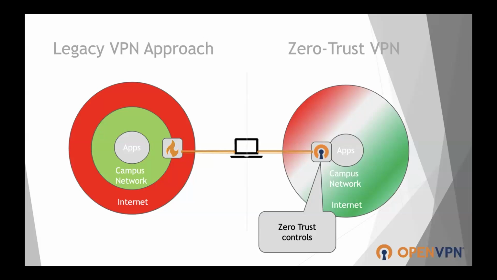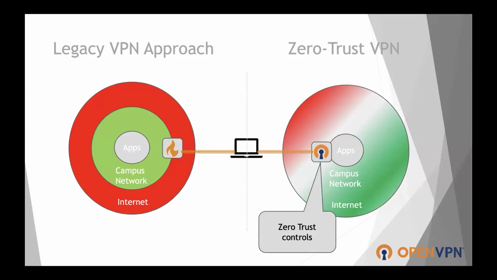Here, the castle is the campus network or the enterprise network. It's shown in green. The apps are there. The devices connected to the campus networks are deemed to be safe and can access the applications. And then outside of that is the big bad internet, which is shown in red. And the campus network is protected using a firewall. So that's kind of the legacy approach.